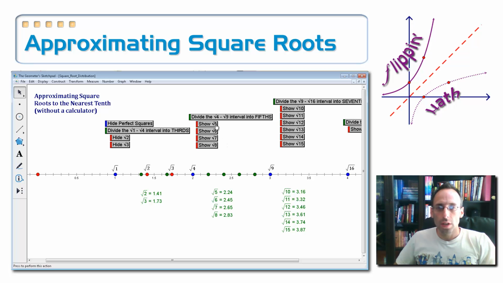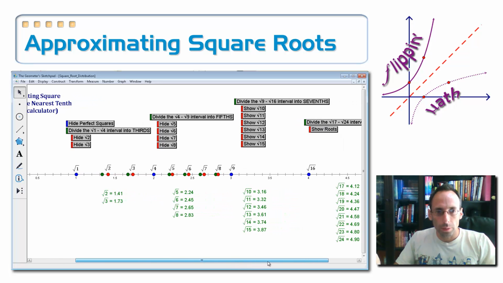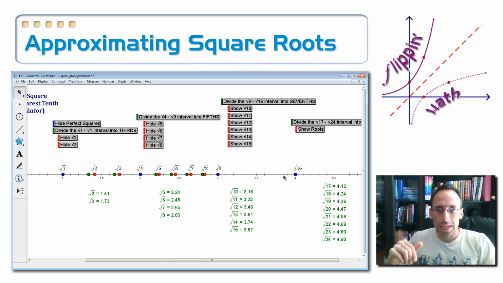So let's see where the square root of 5 is. There it is, pretty close to the dot. How about the square root of 6? A little bit further away. Square root of 7. Square root of 8. Ooh, it's pretty close still. Maybe you're seeing the point here. Let me scooch on over and keep going.